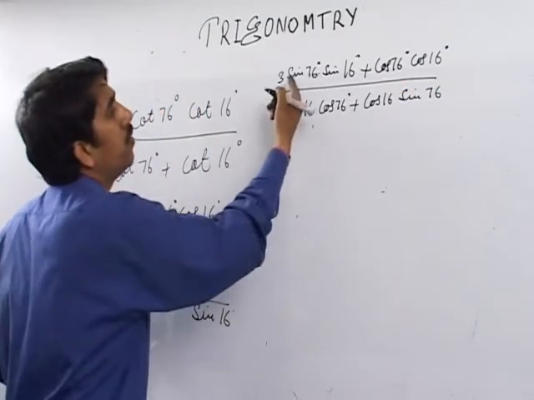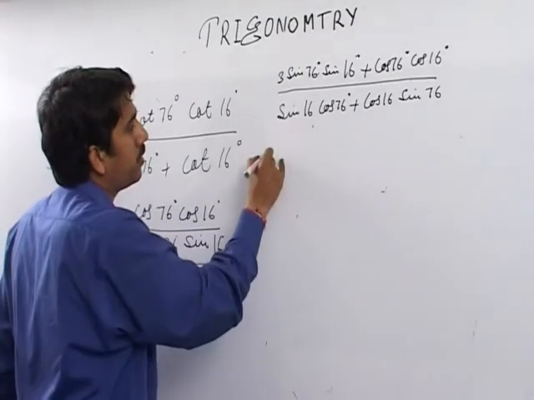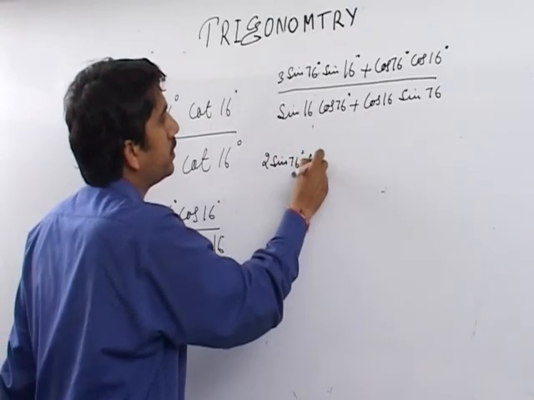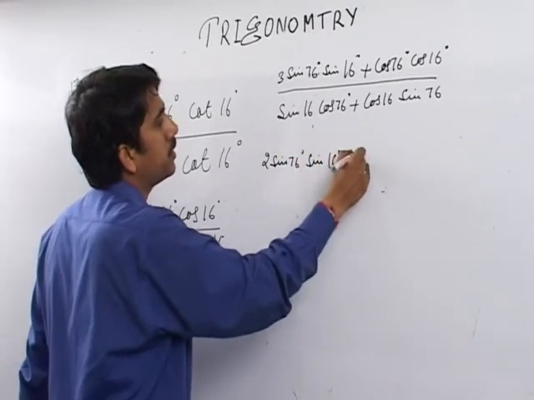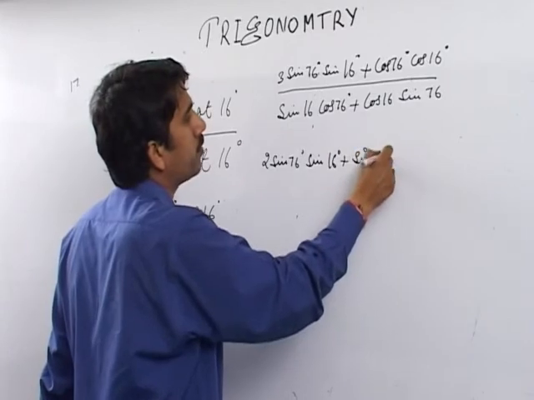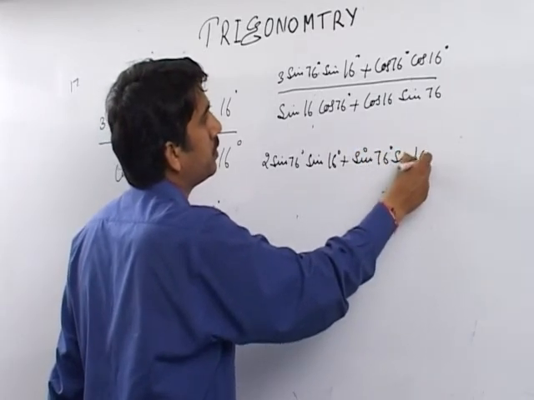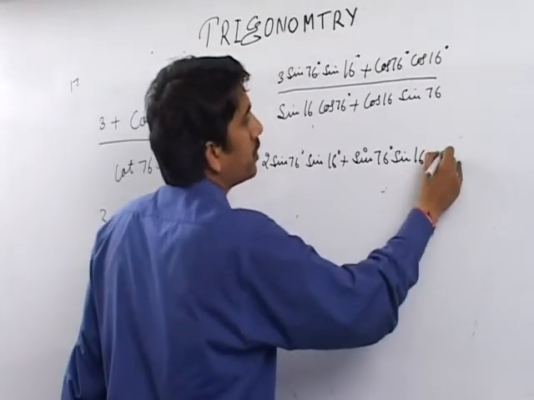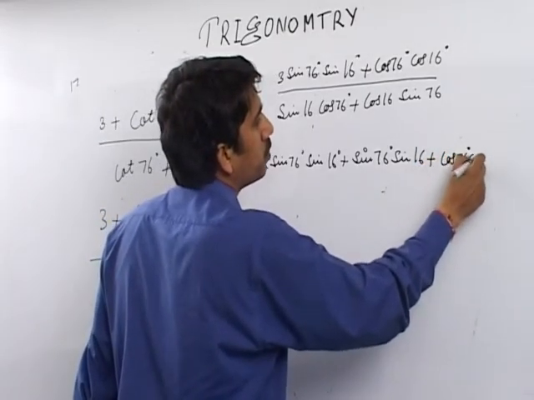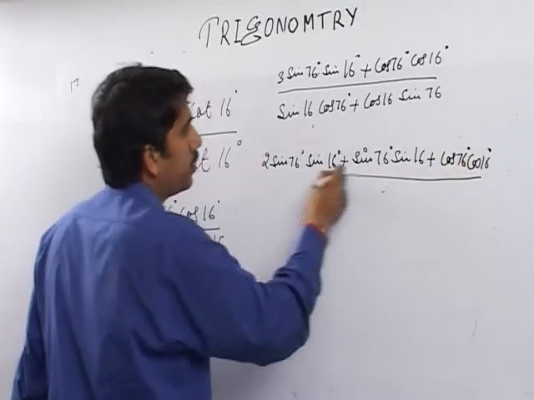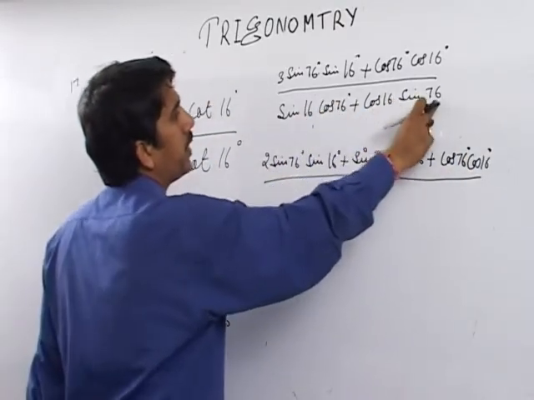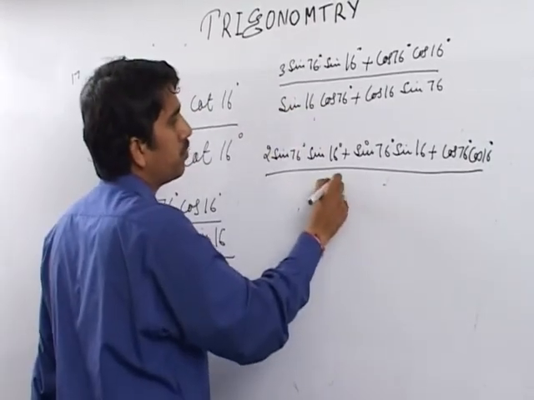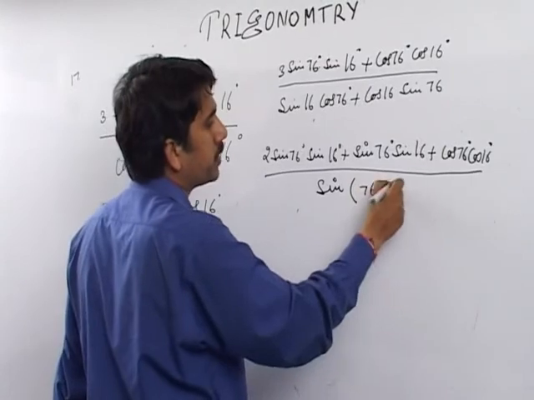Now we will split this into 2 sin 76 degree sin 16 degree plus sin of 76 degree sin 16 degree plus cos 76 degree cos 16 degree, whole over sin A cos B plus cos A sin B, which will be equal to sin of A plus B, that means 76 plus 16.